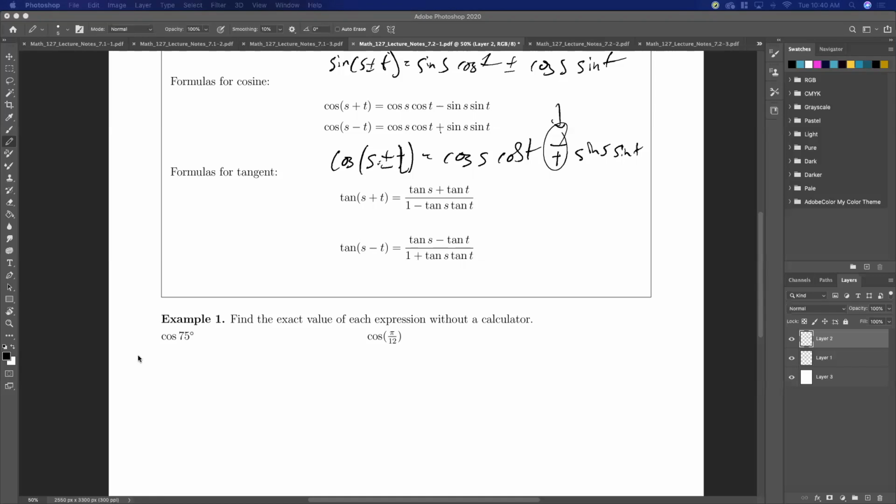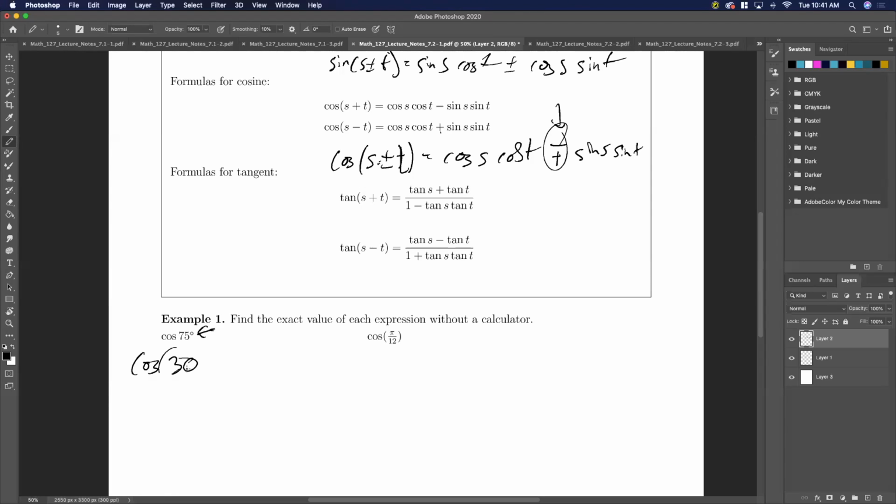Do I know cosine of two numbers that add up to 75? Can you think of two numbers that we know that add up to 75? Yeah, 37.5 twice would add up to 75, but 30 and 45, we actually know what those are.